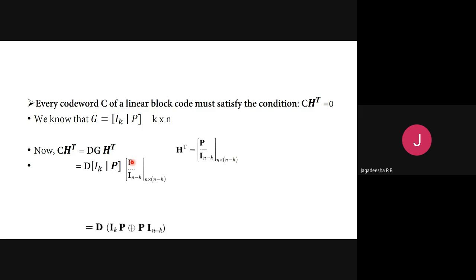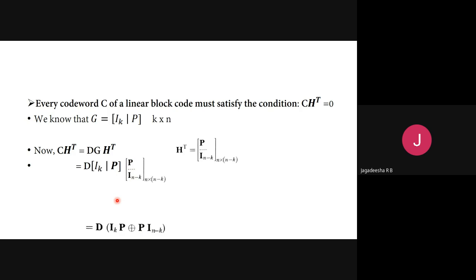Now we are doing simple math. This term can be simplified as D multiplied by [I_K P] times [P; I_(N-K)], which is I_K multiplied by P, XOR with P multiplied by I_(N-K). Here one is an identity matrix of order N minus K, and the other of order K, and these are the parity matrices.